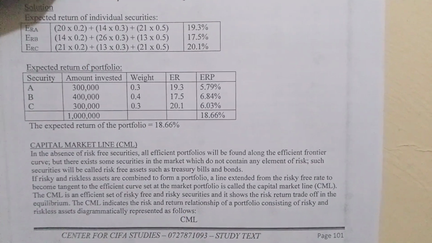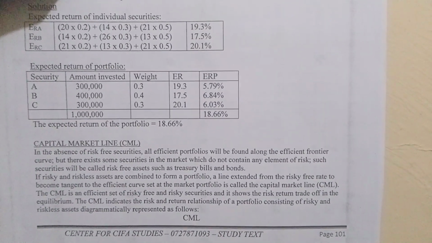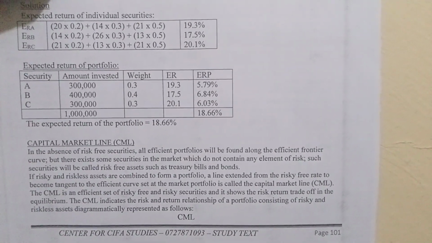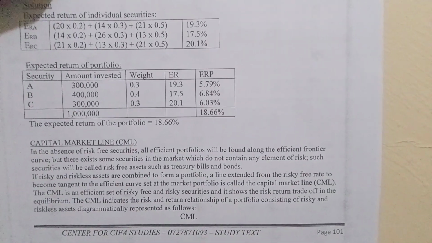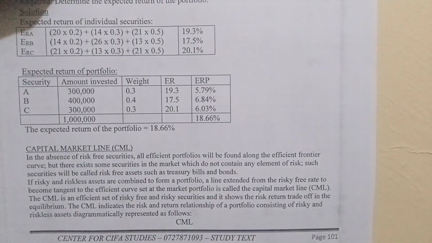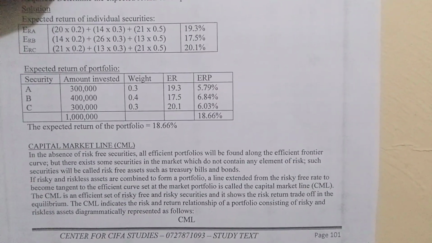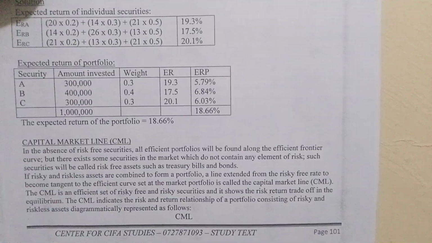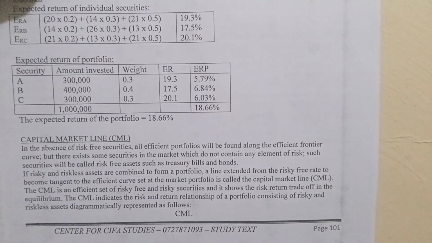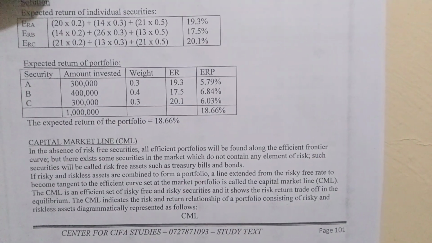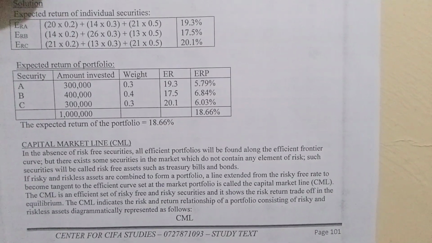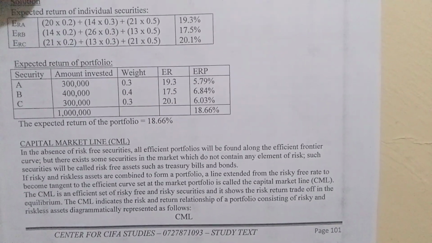along the efficient frontier curve. But there exist some securities in the market which do not contain any element of risk. Such securities will be called risk-free assets, such as treasury bills and bonds. If risk and riskless assets are combined to form a portfolio, a line extended from the risk-free rate to become tangent to the efficient curve at the market portfolio is called the capital market line.